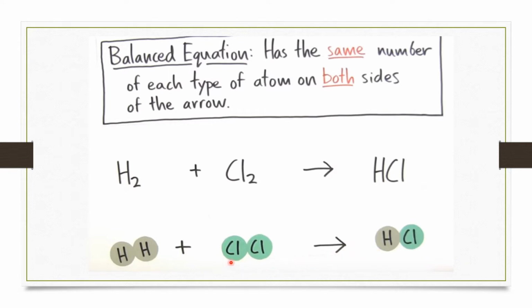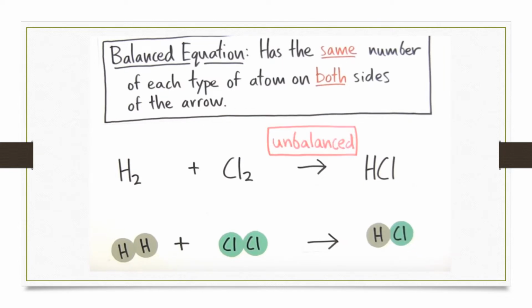Likewise, for chlorine, there are two atoms on the reactant side and one atom on the product side. Thus, H2 plus Cl2 gives HCl is an unbalanced equation. That is, it is not balanced because it does not have the same number of hydrogen atoms and chlorine atoms on both sides of the equation.